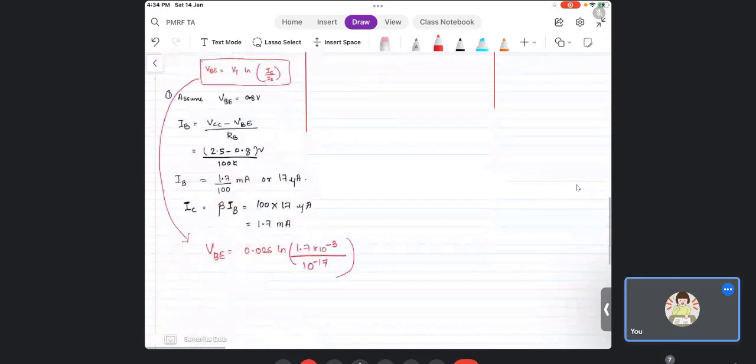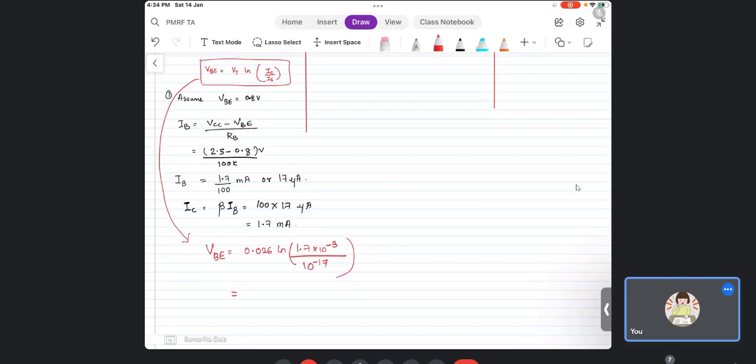Okay, so what are you getting? 0.026 into natural log of 1.7 into 10 to the power minus 3 upon 10 to the power minus 17.